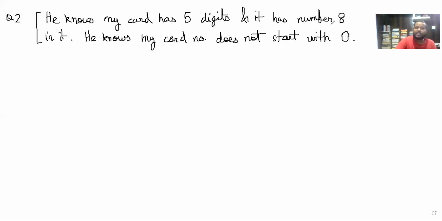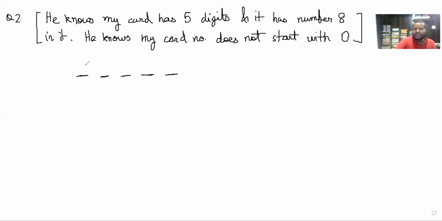So he has this much information and he is now at an ATM and wants to take away my money. How many attempts does he have before he can guess my correct password? That is my question. Now, in this question, it's a 5-digit password, so a 5-tuple basically, and it does not start with 0.